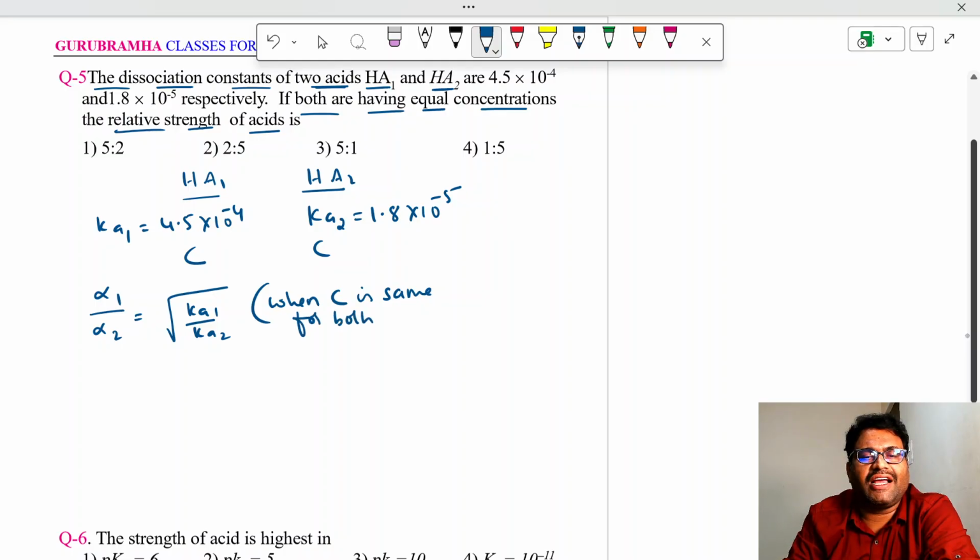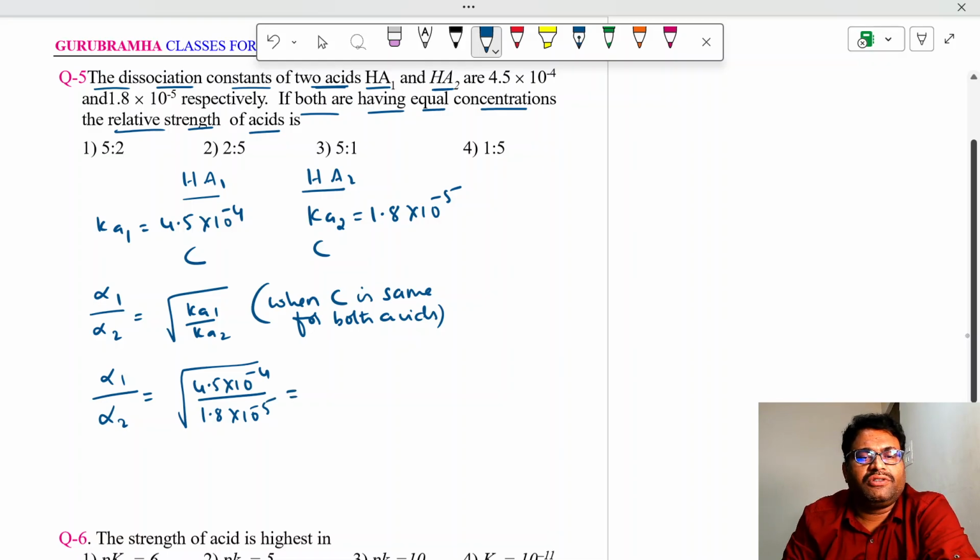Then we calculate: alpha1 by alpha2 is equal to root of Ka1, how much is given? 4.5 into 10 power minus 4 by 1.8 into 10 power minus 5. This is equal to, then what do you get? Root of 4.5 into 10 by 1.8. That is equal to root of 450 by 1.8.